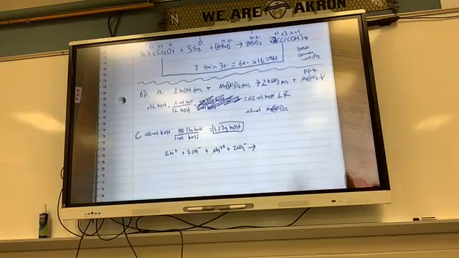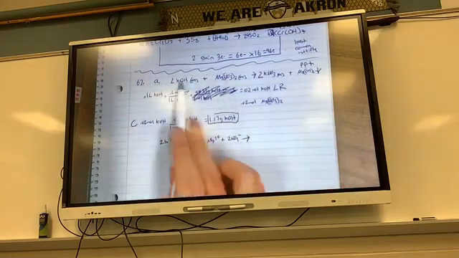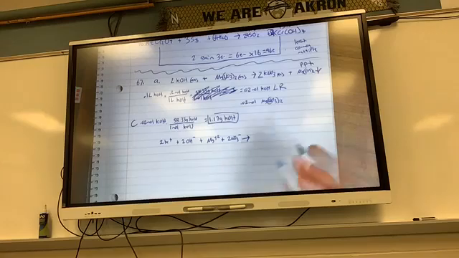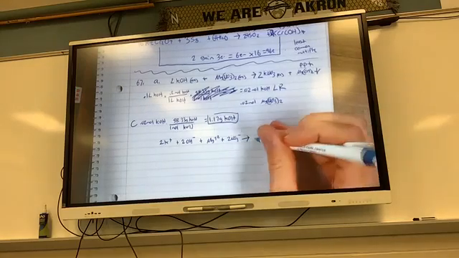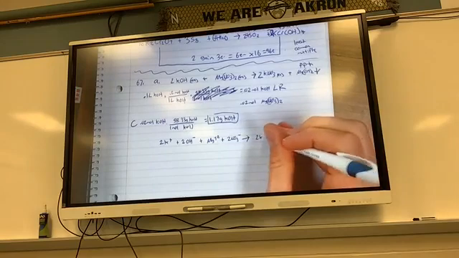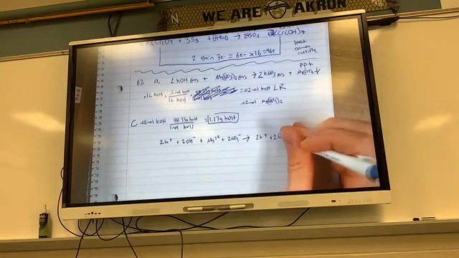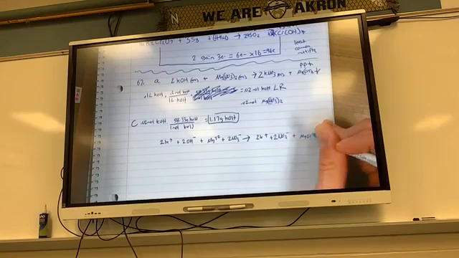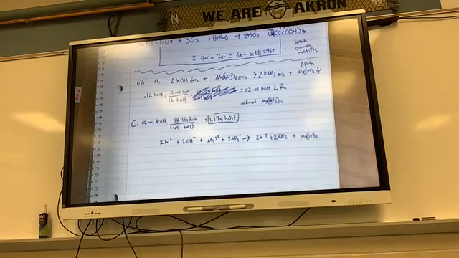Any questions on the left side of how I split that up and why this is what it is? No. Okay. On the right, I'm going to have 2K+ plus 2NO3- plus my precipitate Mg(OH)2.